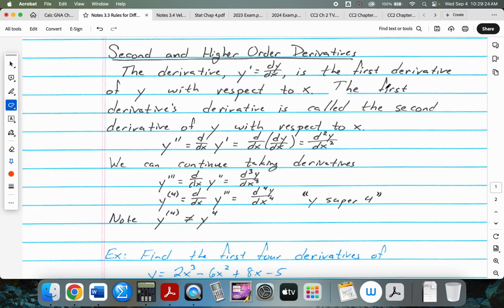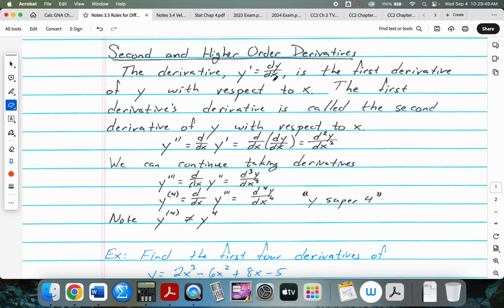Okay, now, going on, we can also take second derivatives and higher order derivatives. So the derivative, y prime equals dy/dx, is the first derivative of y with respect to x. Because mathematicians are lazy or efficient, to take your pick, they usually just say it's the derivative, but it's really the first derivative.